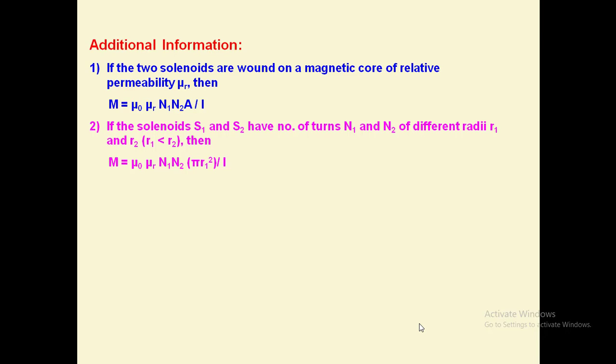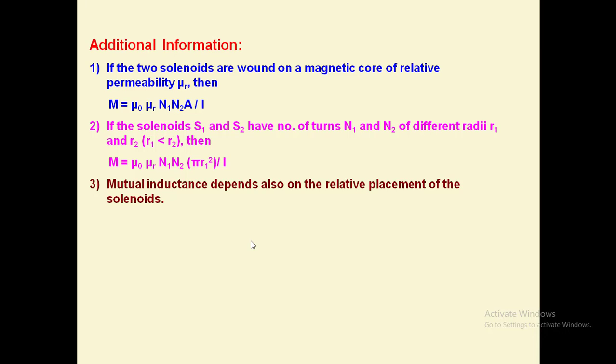Let's suppose the radius of the first solenoid is R1 and the radius of the second solenoid is R2. Now R1 is less than R2, that means the radius of the secondary coil is more when compared to the primary coil. Then the mutual inductance is represented as mu naught mu r N1 N2 into pi R1 square by L.